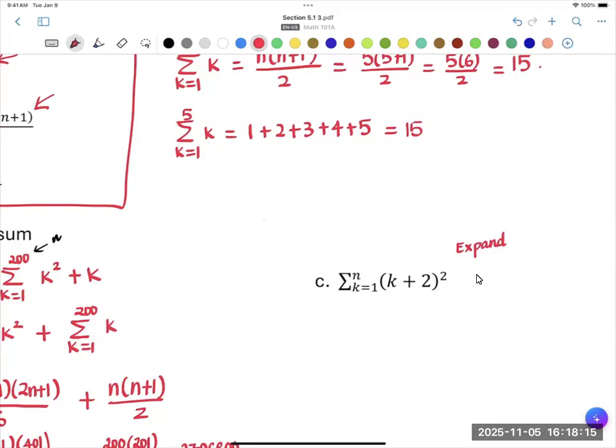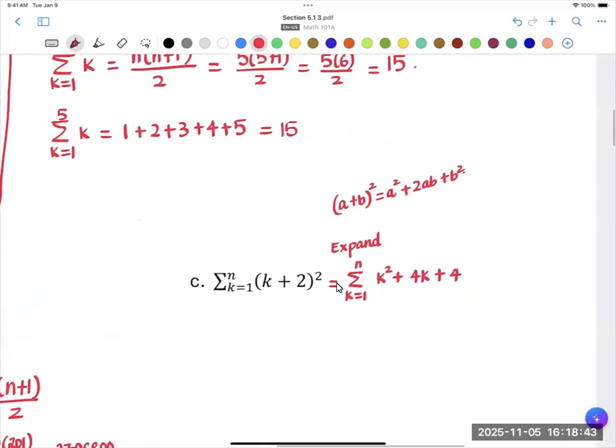So first of all, we will expand them into individual terms. Remember the (a plus b) squared formula: a squared plus 2ab plus b squared. My a in this case is k, and my b is 2. So we're going to have the summation of k equals 1 to n of k squared plus 2 times ab, so 2 times 2 times k, which is 4k, plus 4.